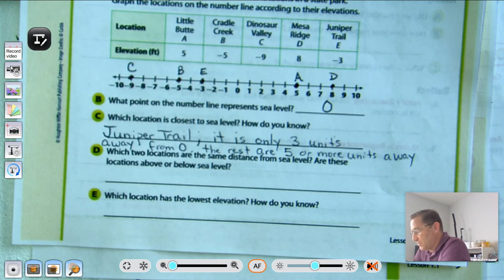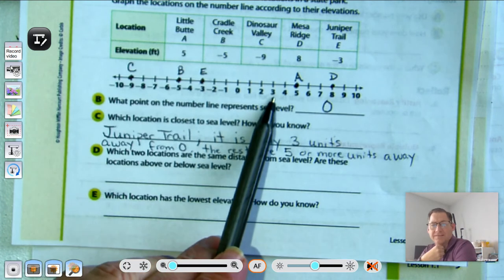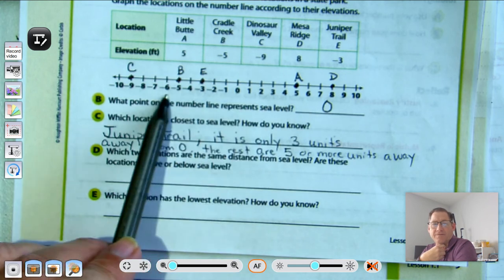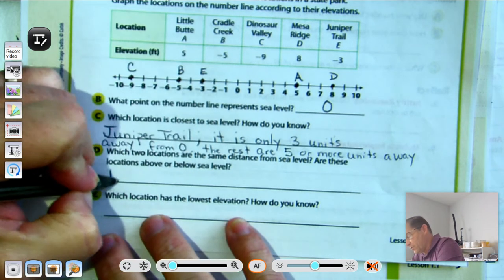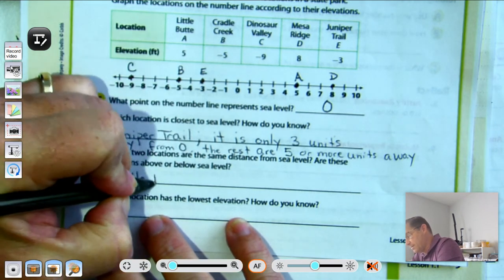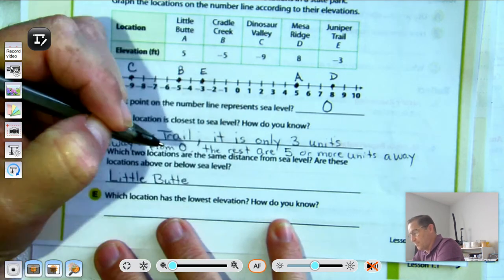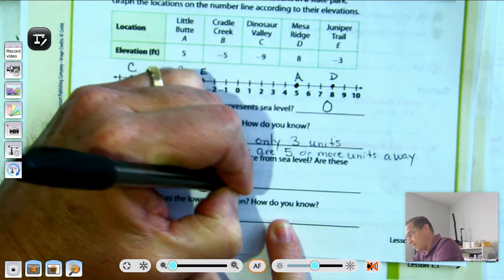All right. So D, which two locations are the same distance from sea level? Are these locations above or below sea level? All right. So let's see. -3, no, there's nothing on it. +3, we got 5. We also have 5 on this side. So 8, A's and B. So Little Butte, which is above sea level, it's positive.